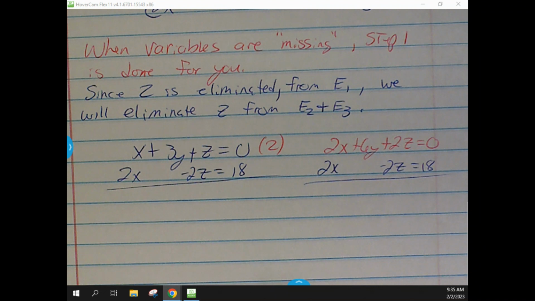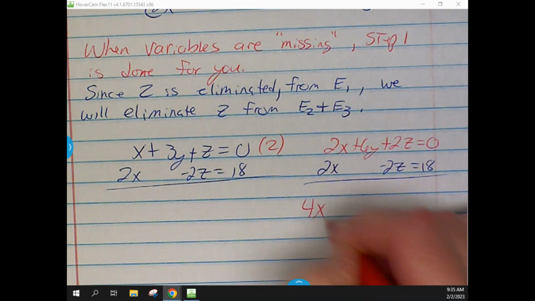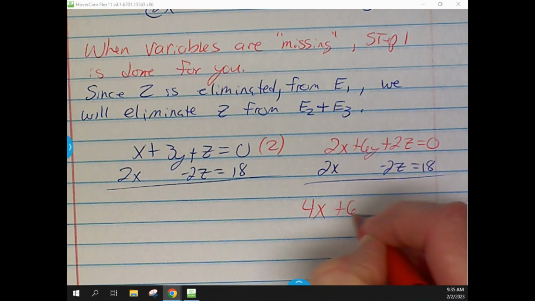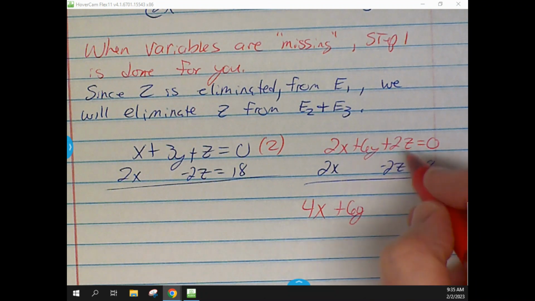Okay, and then we'll put it together. So we've got 2x plus 2x for 4x, 6y because there wasn't anything to put with it. The z's are gone, and that will leave us with 18.